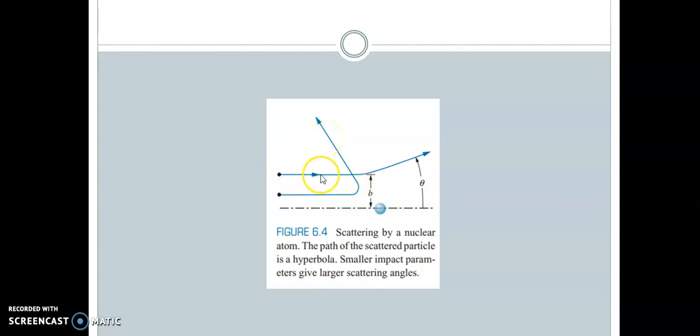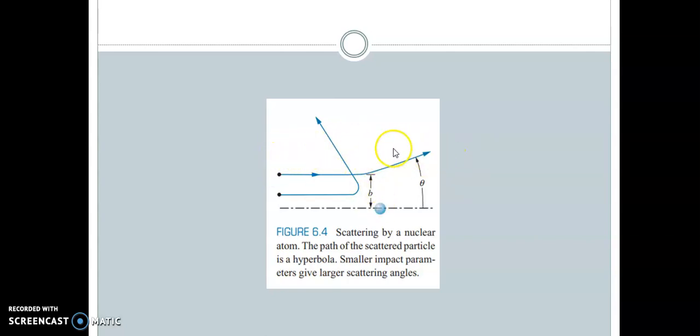So those kind of alpha particles with large value of impact parameter will experience a small repulsive force from the nucleus, and they are scattered through small angles. So alpha particles with a larger b will pass through larger distances without any deviation.